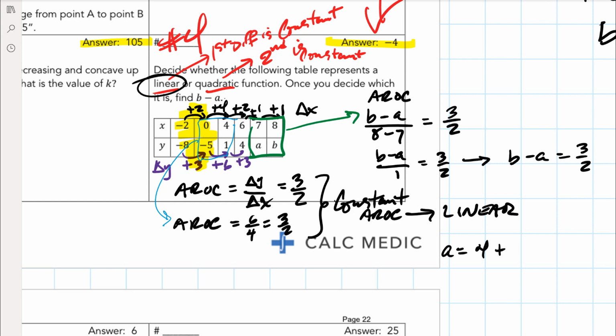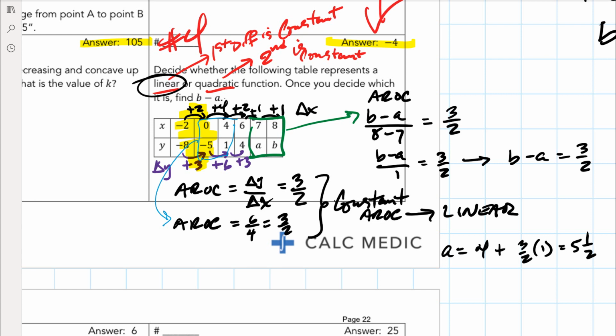So from 6 to 7 is a change of 1. So the change from 4 to A should be 3/2 divided by 1, or just simply 3/2 times 1. So 4 plus the rate of change times 1. All right, and that's 1.5 plus 4, or 5.5. Okay, so A is 5.5.